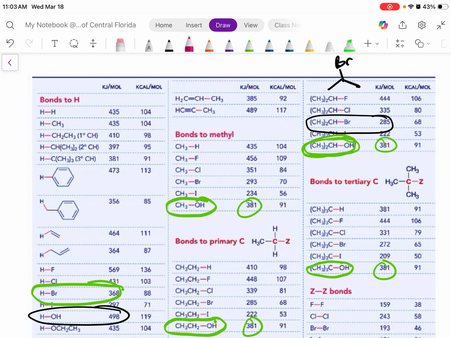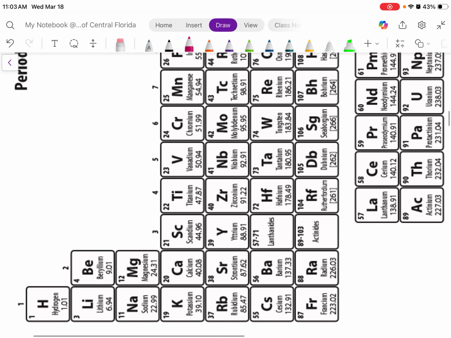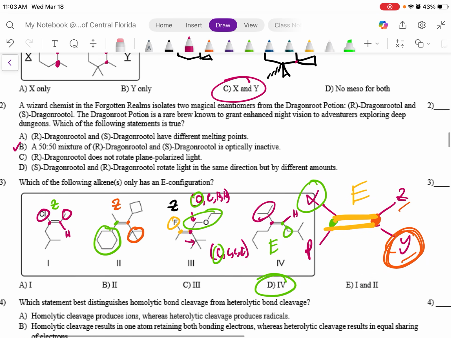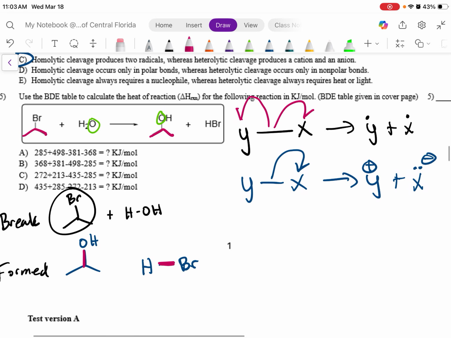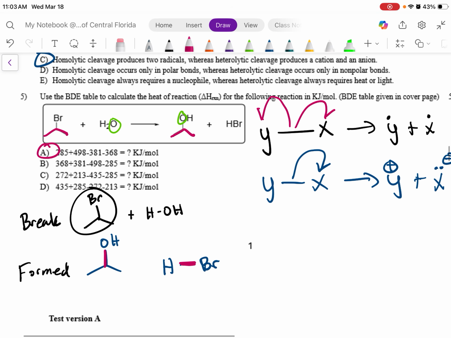But if we're being precise, this was the one that you would zone in on and be like, oh, 381. So when you have all those, since those bonds are being formed, those values that I just barely circled would have to be negative. And so that leaves us with answer choice A as the correct answer.